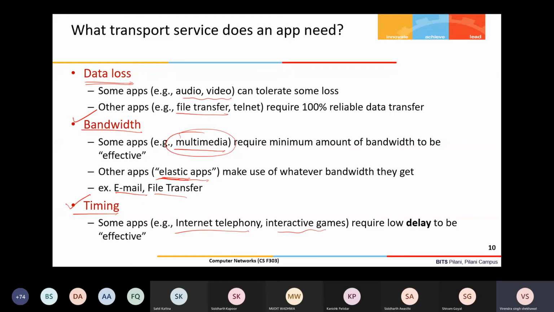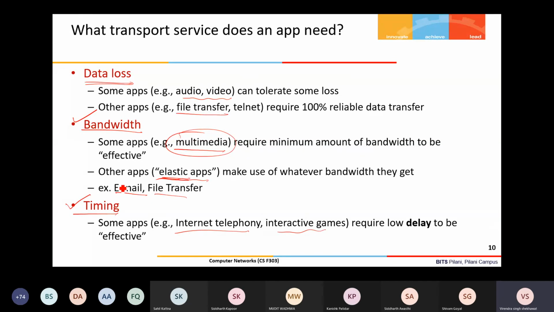Similarly for internet telephony, if I am speaking from this side and the message reaches your side after minutes of delay, you would say it is a bad service and use some other service. So they have a requirement that delay should not be more than a certain limit. Up to some tolerance it is acceptable, but beyond that it is not.